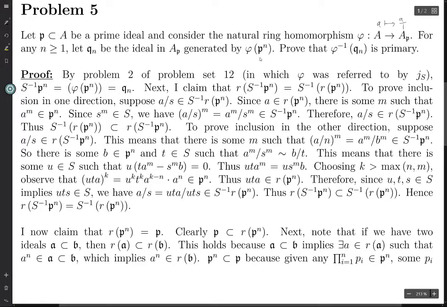So P to the n is just all elements, this is obviously just going to be a product from 1 to n of pi, where each pi is contained in the ideal P. And we want to prove that the inverse image under this natural map is primary.